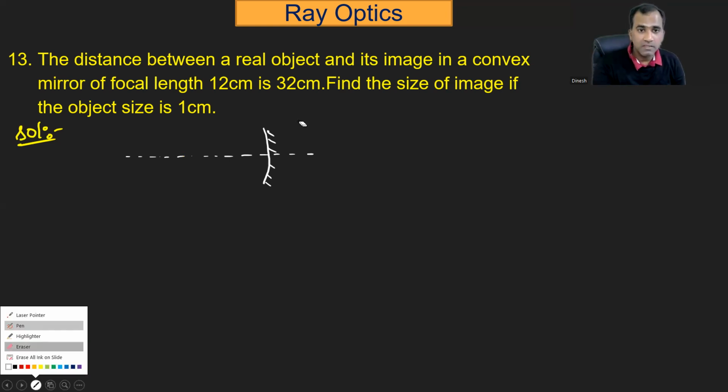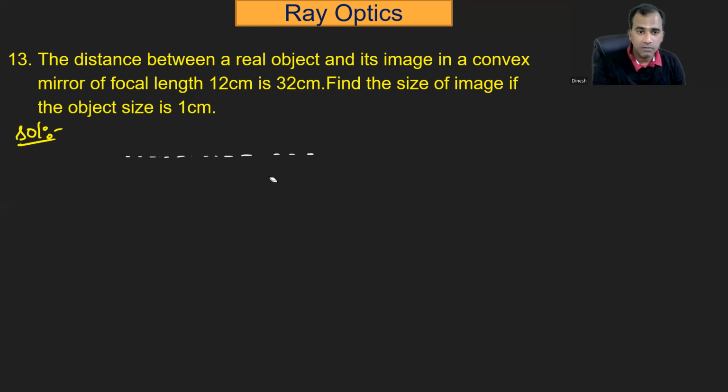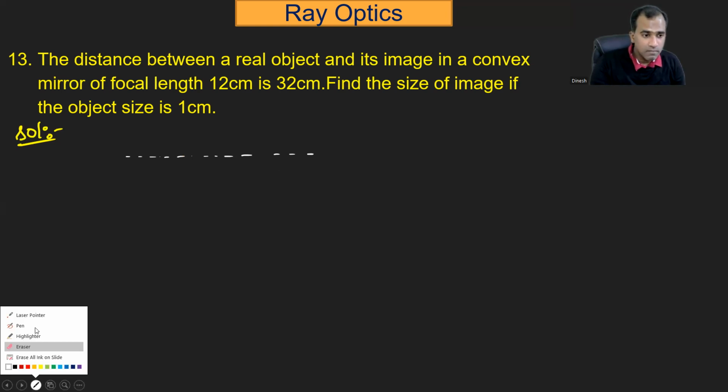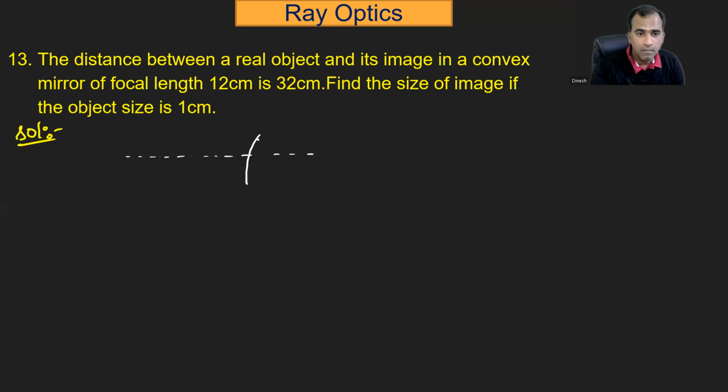So the mirror is given as convex. I've drawn it as concave. Focal length is 12. So it's plus 12 centimeters, mind this, it is a convex mirror, so I'm writing it as plus 12.